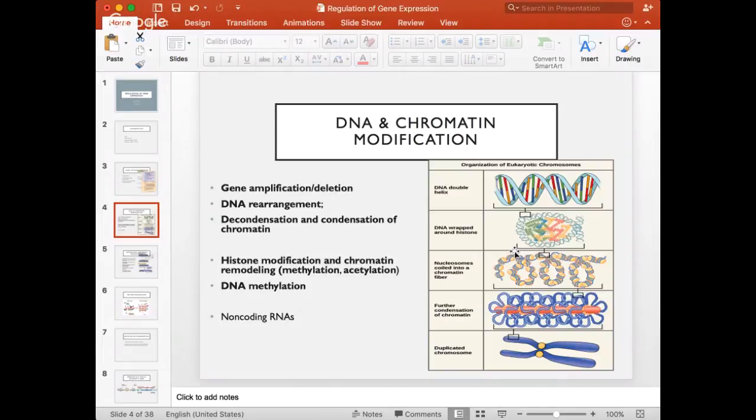Moving on to the next slide, which will be bigger so that we could all see that. This is basically just giving you the organization of the chromosomes. So obviously the chromosomes have to be made up of something.